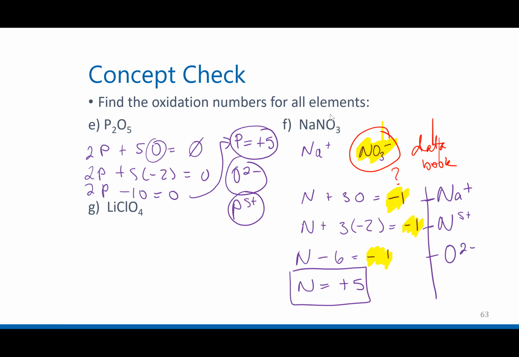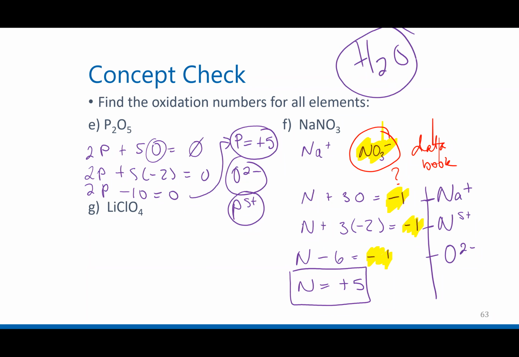So the question was, P2O5 is not in the data booklet, so how do I know it's 0? Abdul Halim answered that perfectly. When I write this for you, if I don't put a charge on the top of it, it's 0. For example, if I gave you water, H2O, there's no charge on this.